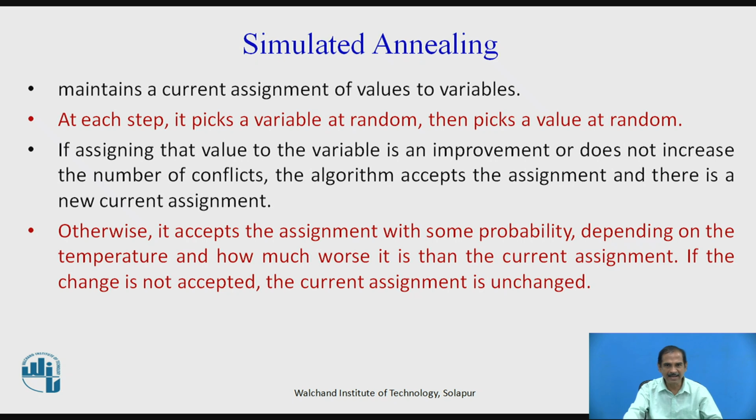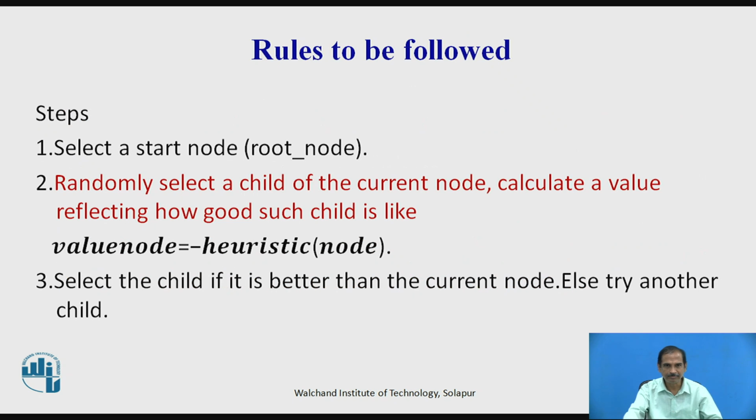Otherwise, it accepts an assignment with some probability depending on the temperature and how much worse it is than the current assignment. So we are always going to look for a better assignment, and if the change is not accepted, the current assignment stays.